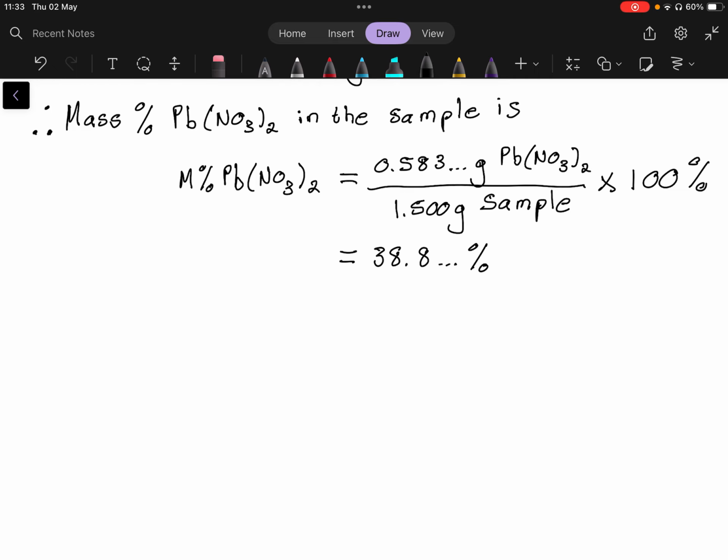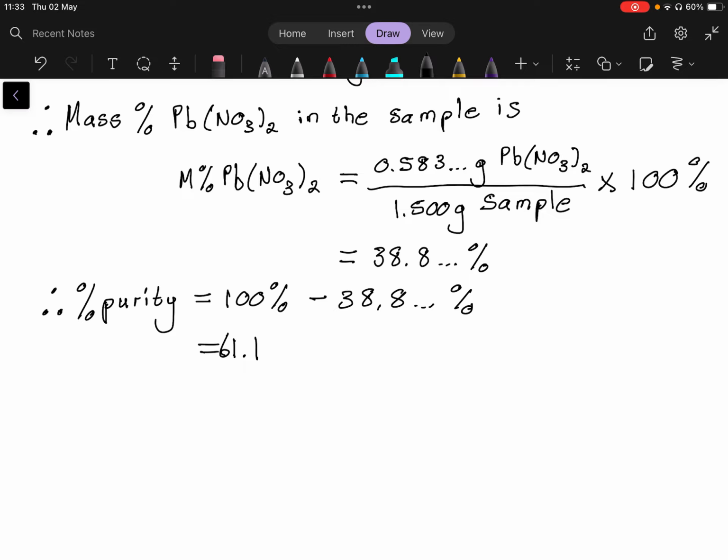So we can write again, therefore, the percentage purity is equal to 100% minus 38.8%, which is equal to 61.1%.